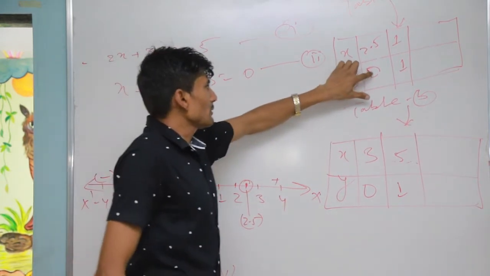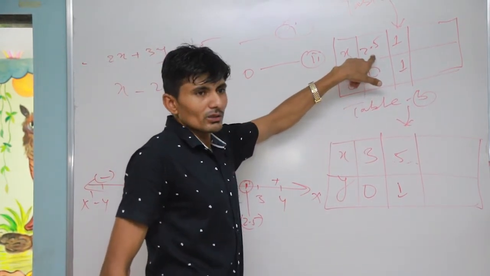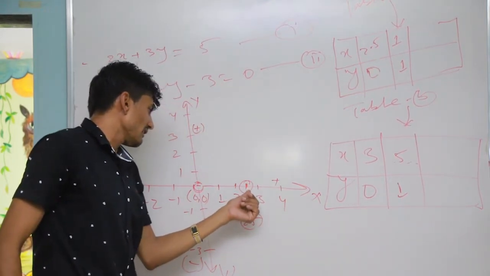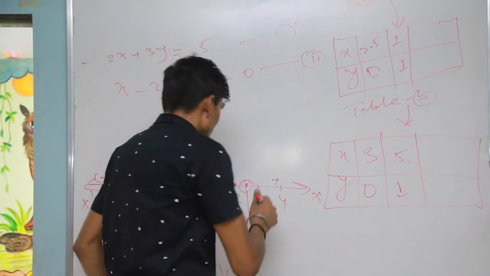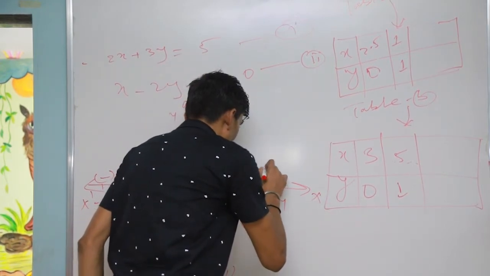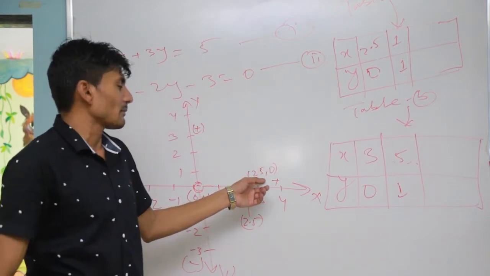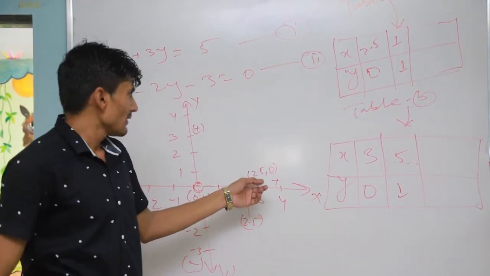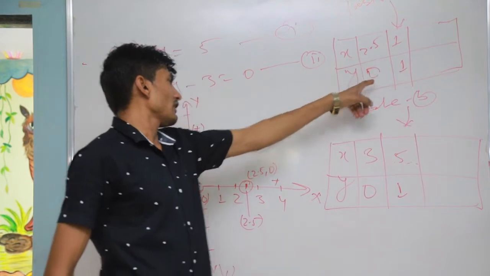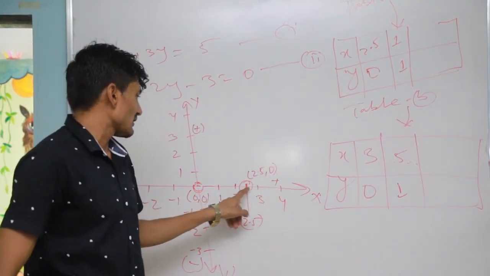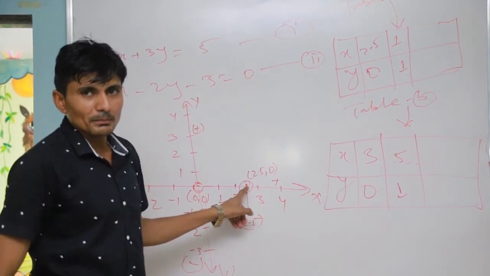If y is 0, then the point will be on the x-axis. So this point is 2.5, and we can write here 2.5 comma 0. At first we have to write the value of x, then the value of y. The value of x is 2.5 and the value of y is 0. So this coordinate is 2.5 and 0.